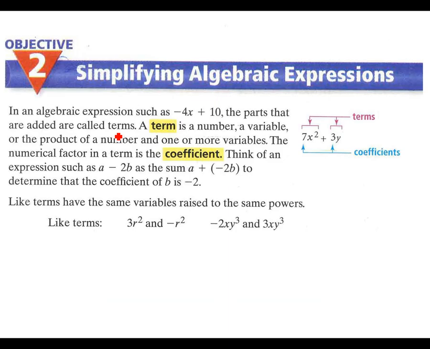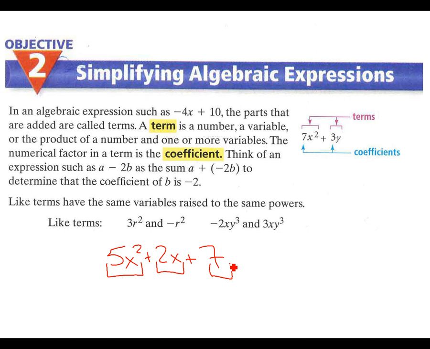All right, moving on into Objective 2, we're going to simplify algebraic expressions, and a couple more things we need in here, terms and coefficients. Terms are the parts of each expression. So if I've got 5x squared plus 2x plus 7, I have 3 terms. The first one, the second one, and the third one.